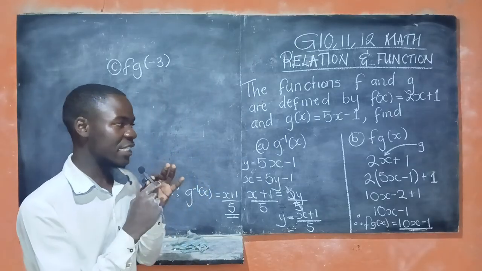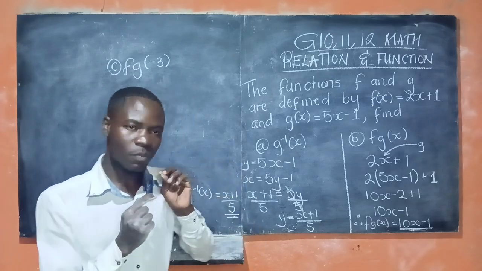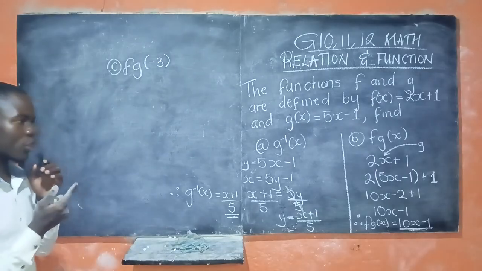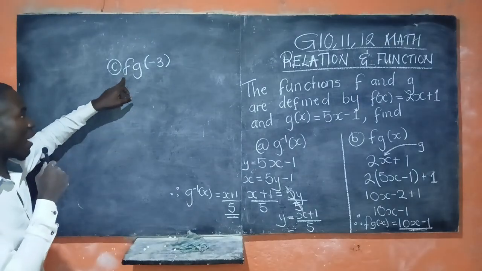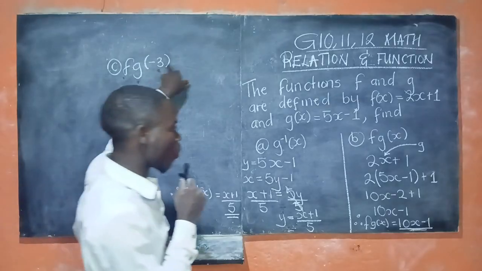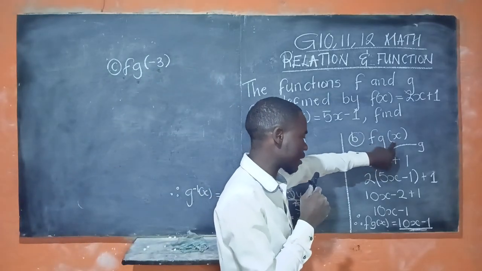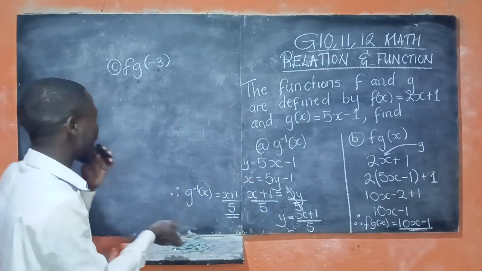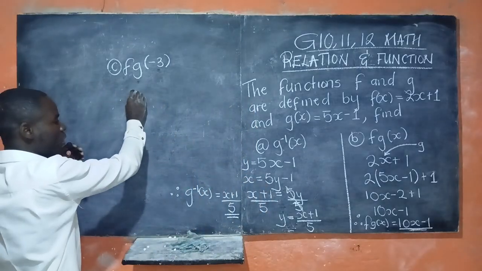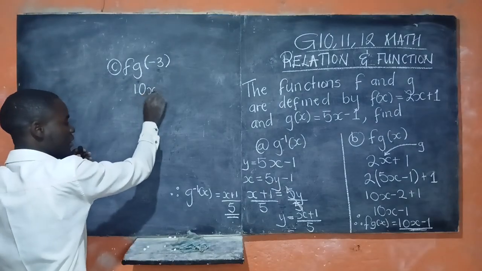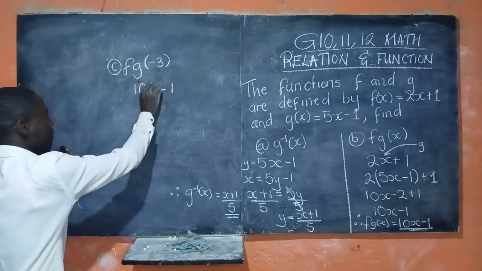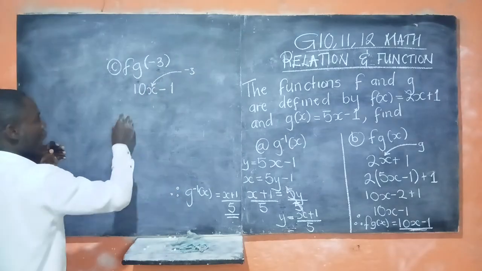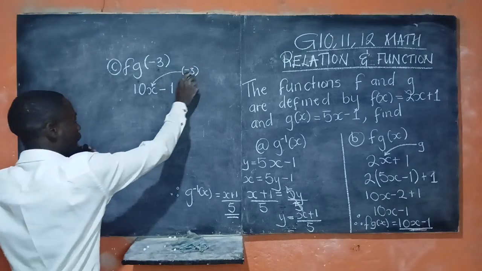Please, if you had a challenge, I guess we've simplified that challenge for you. Okay, now let's answer this last question, where they say find f of g of negative 3. Where we want to find f of g of x, where there is the value of x, we replace it with negative 3. So we take 10x minus 1, and where there is x, we replace negative 3. As you are replacing, please don't forget to add the brackets.